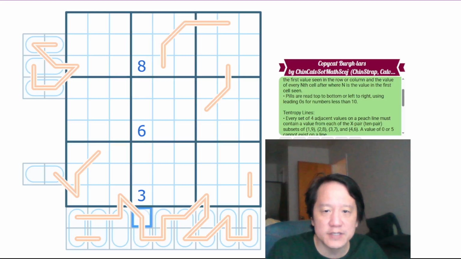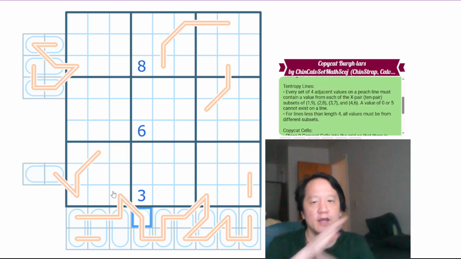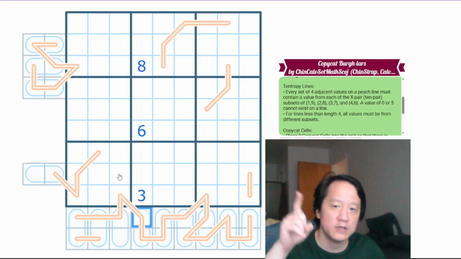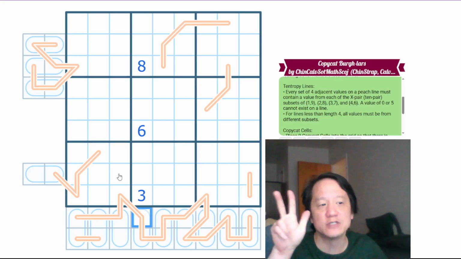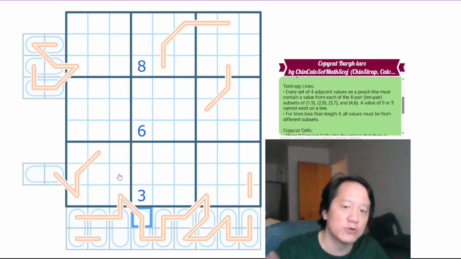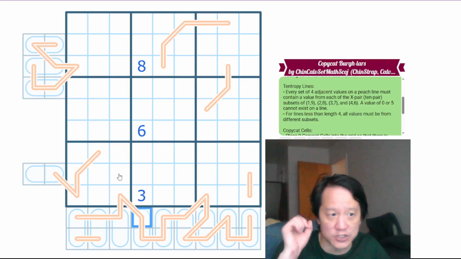where every set of adjacent values on a peach line must contain a value from each of the ten pairs, subsets of 1 and 9, 2 and 8, 3 and 7, and 4 and 6. A value of 0 or 5 cannot exist on a line. So these are values, keep that in mind, not digits.